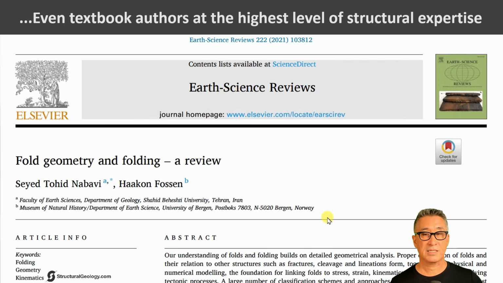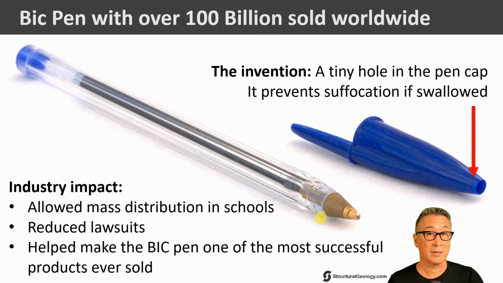So I just picked on this paper because these guys are at the top of the game. I mean, these guys are textbook writers, they're review paper writers, they know what they're doing, okay? So I'm not really criticizing their work. I mean, if I was criticizing their work, it's like criticizing the Big Pen, okay? The Big Pen has been sold over 100 billion times worldwide.